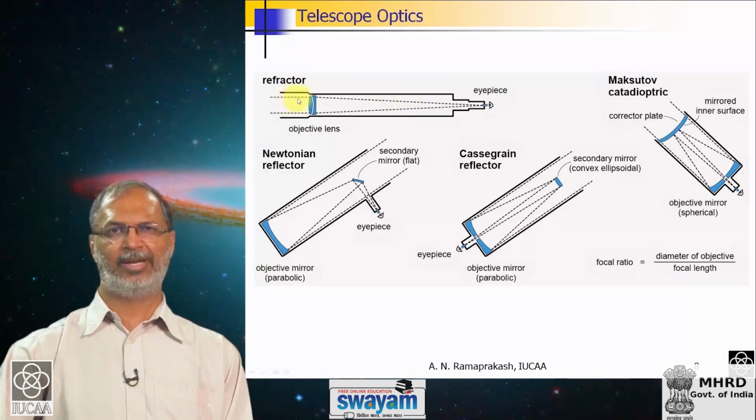So, green wavelength light will focus at one location at the telescope's focal plane, while blue or red may focus at a different location, which means that you will not get a very sharp image at the focal plane when you use refractor based optics.